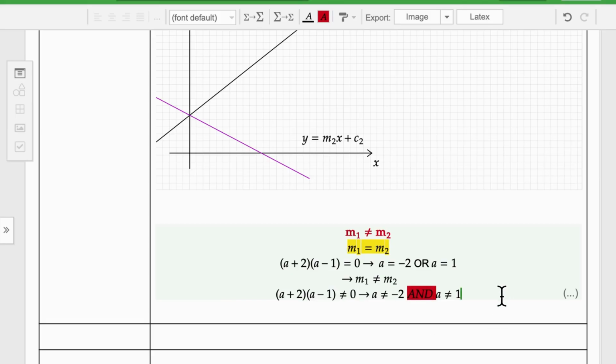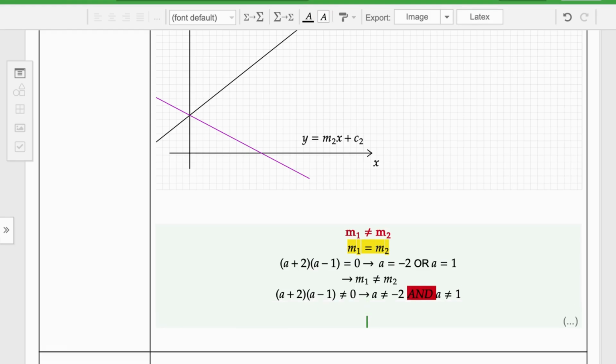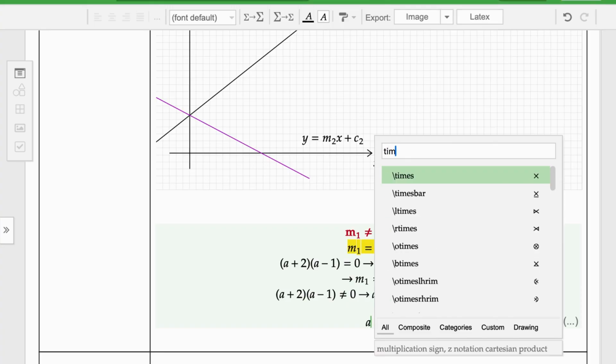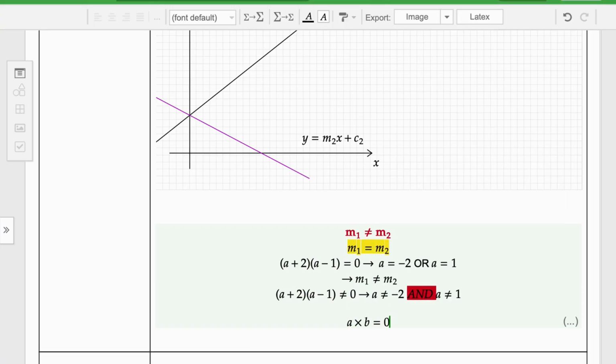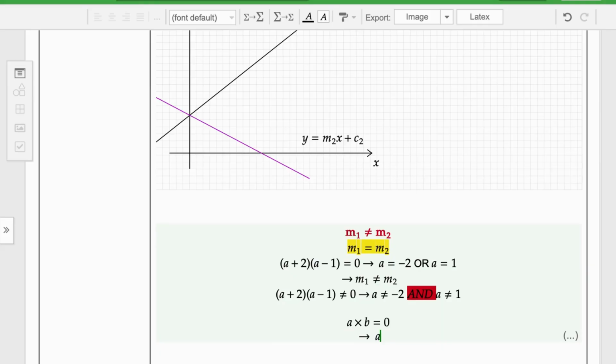Now, it is also important to mention that when a times b is 0, this is the null factor law. It means that a will be 0 or b will be 0.